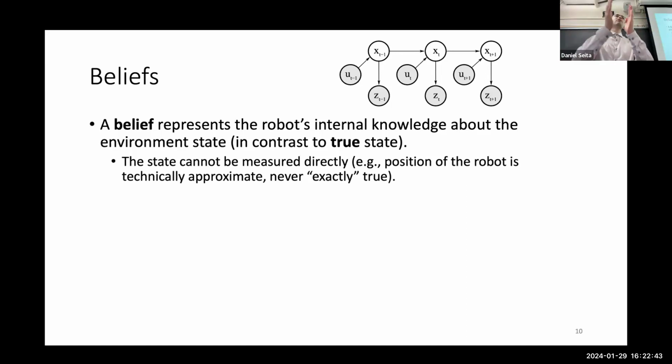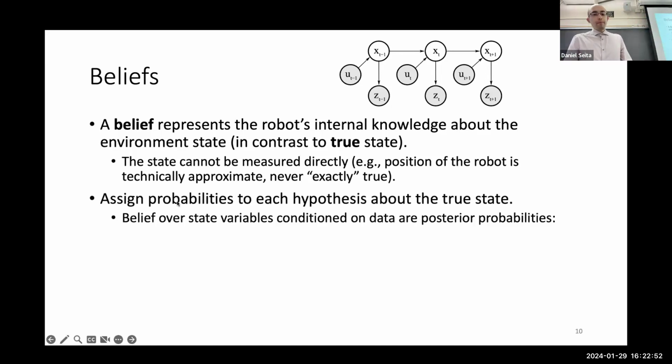Really, the belief is a distribution of the robot's knowledge of the ground truth state. Another way to frame it is that we will assign some probability to each hypothesis about the true state. It's easier if you think of it in discrete land, where you have a set of discrete states that the robot could be in, then your belief would be the probability for each of those states.